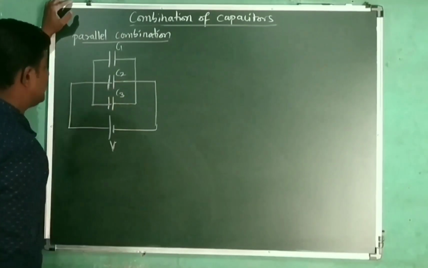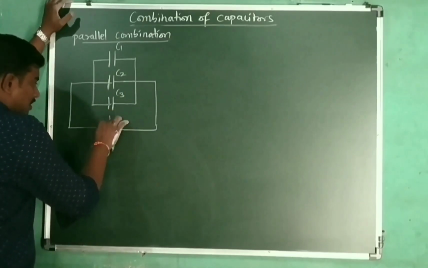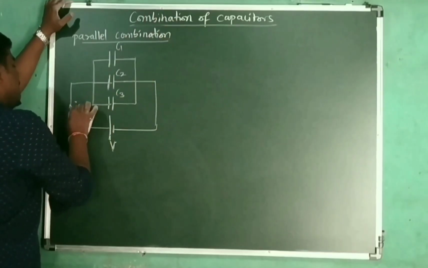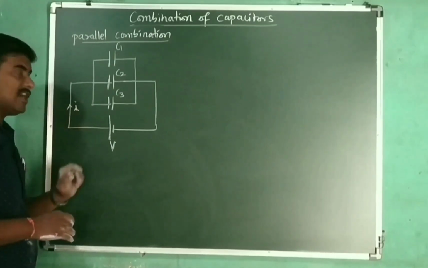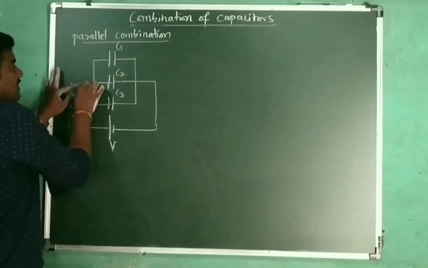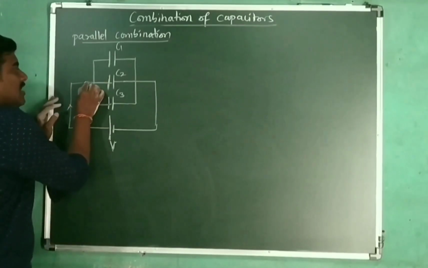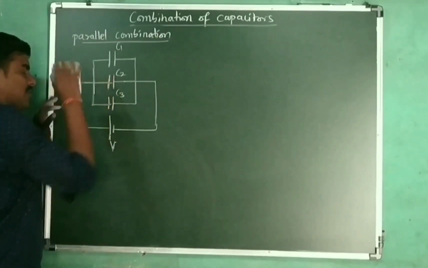So C1, C2, C3 and V. See here, from this battery the current I flows, and current is nothing but the flow of charge. If a charge comes at this point, that charge can have three different ways. The charge can go by this way or this way or this way.